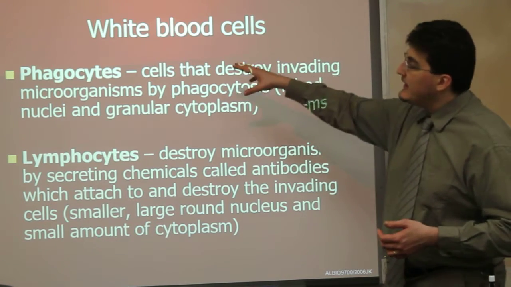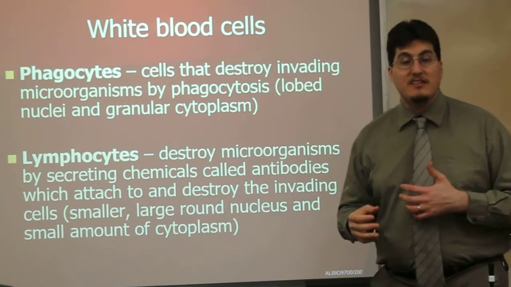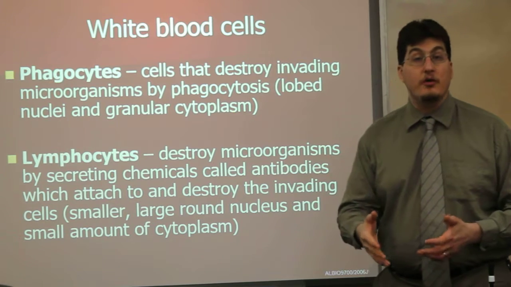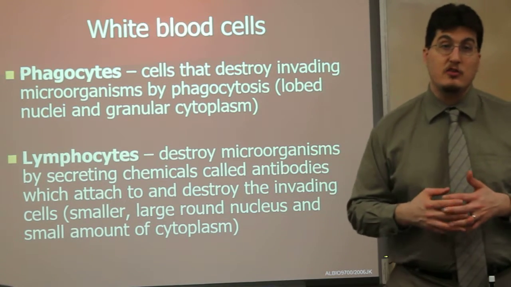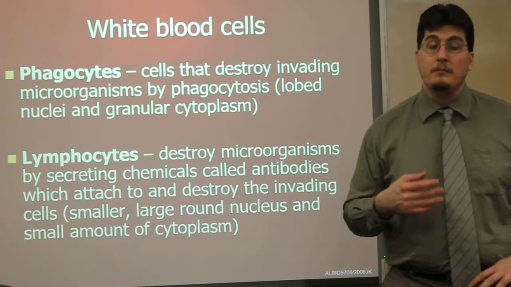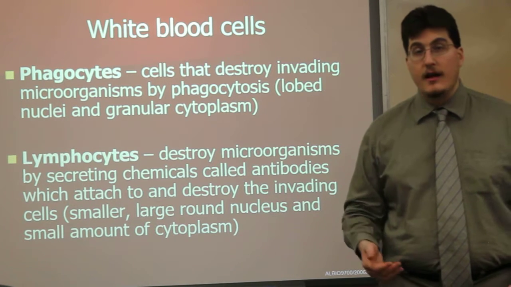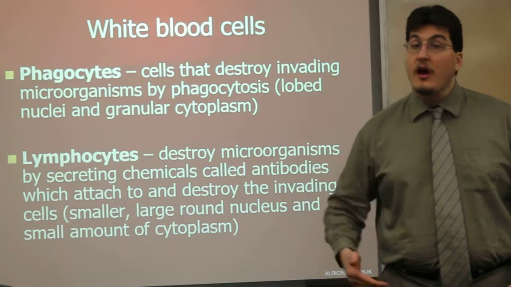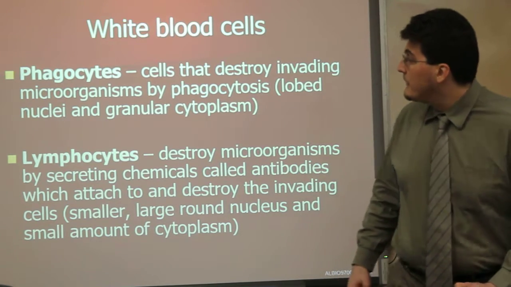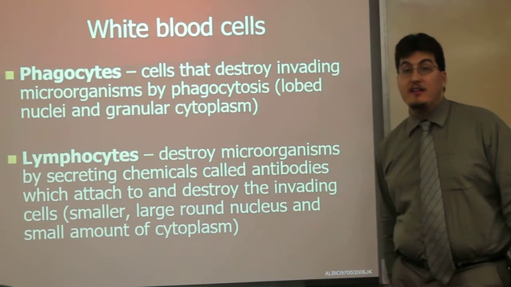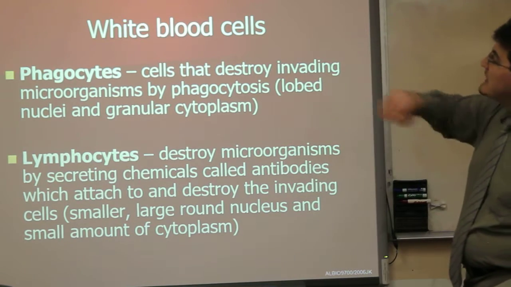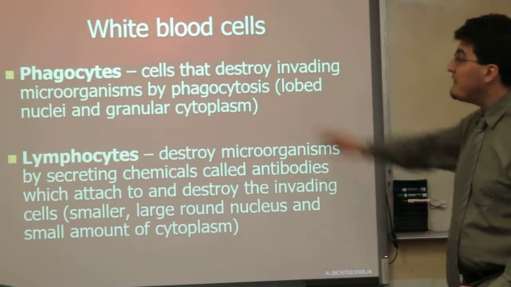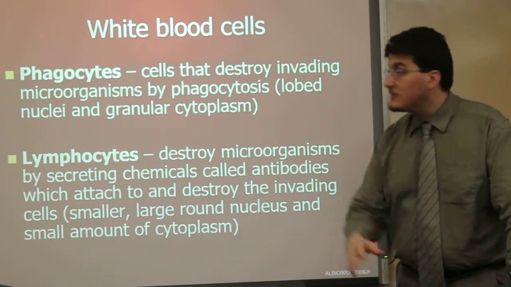Now, phagocytes include the neutrophils, and monocytes, which can differentiate into macrophages and dendritic cells, are also phagocytes. And then lymphocytes, which are, well, lymphocytes. Phagocytes will tend to destroy invading organisms by phagocytosis, which we discussed in Unit 2.